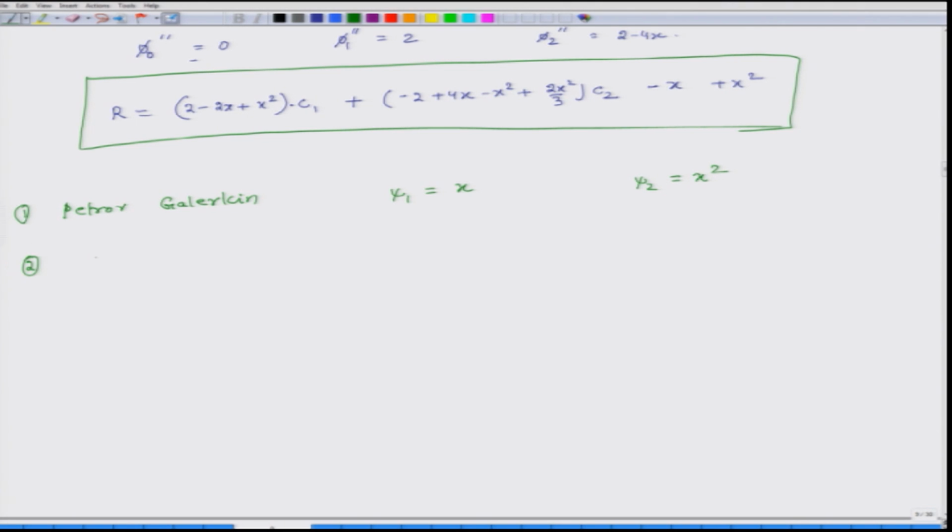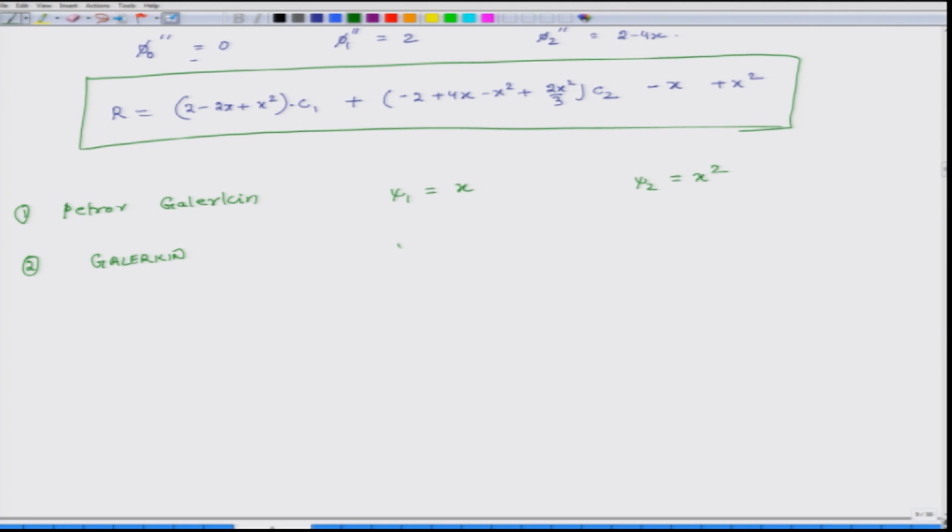Then for the Galerkin method, the requirement is different, where the weight function should be the same as the approximation functions. So, here psi 1 equals phi 1 and psi 2 equals phi 2.